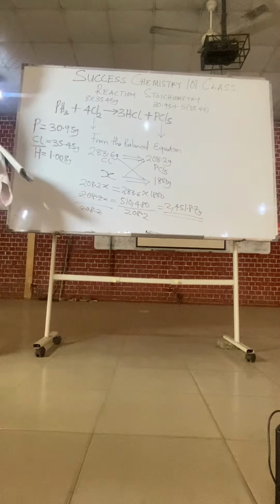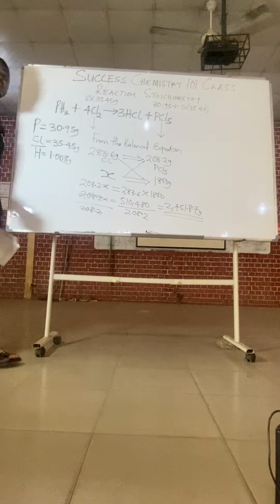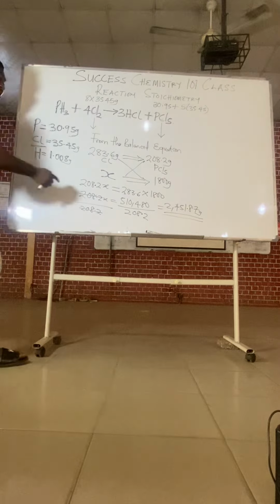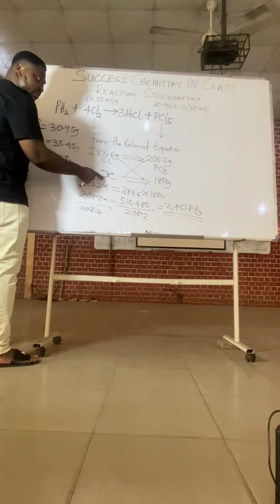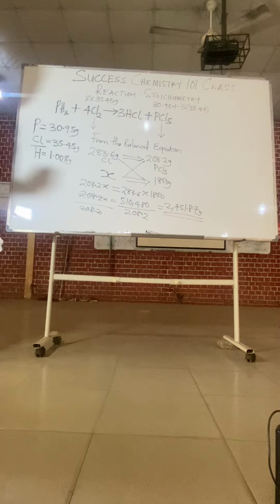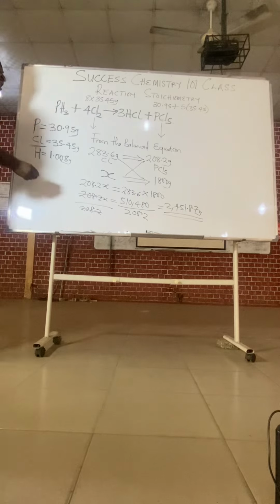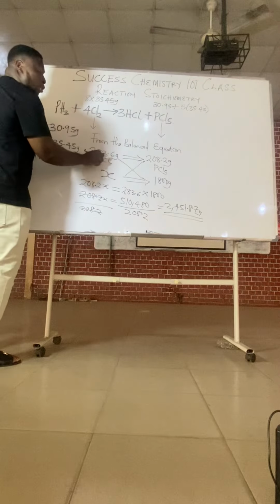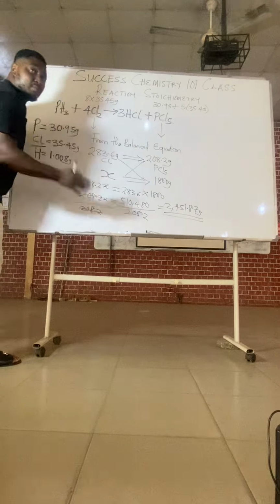So if the question said what number of moles of chlorine will produce 1,800 grams of PCl5, that is mole to mass. It means that from the balanced equation, what we would have gotten here is mole, not mass, because this side must be mole, this side must be mass.